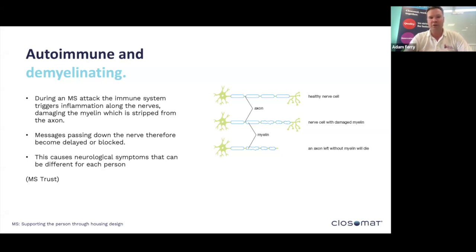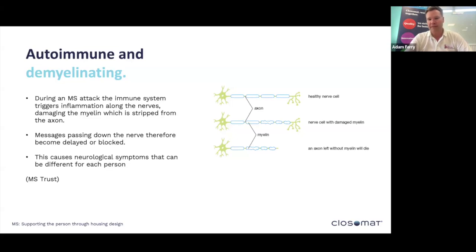And that fighting of something off causes inflammation and it causes damage because it's doing it in the wrong way for the wrong reasons. So during an MS attack, the immune system triggers inflammation along the nerves, damaging the myelin, which is stripped from the axon, which is why it's therefore demyelinating.